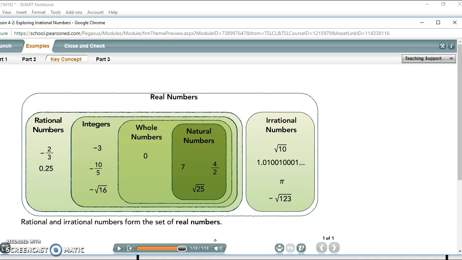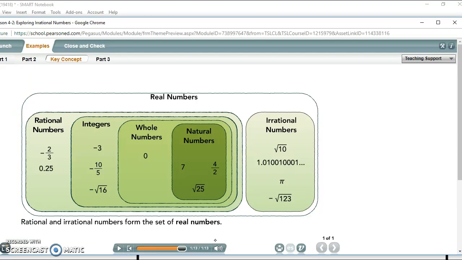For example, last topic, we're looking at square roots. Well, the square root of 25 is 5. So this has a value of 5. So even though it's not written just as the numeral 5, because it can be simplified to 5, this is considered a natural number or a counting number. Same with 4 halves. 4 halves simplifies to 2, so it's a natural number.